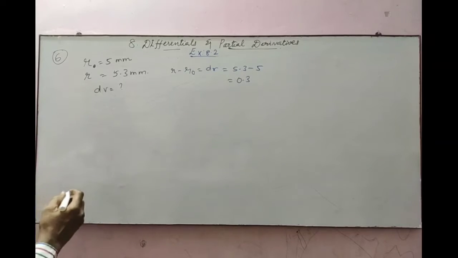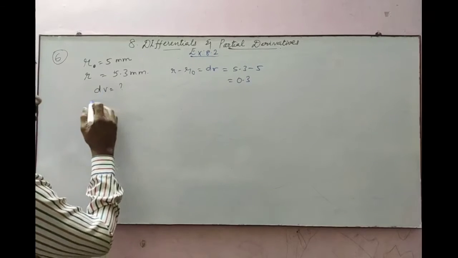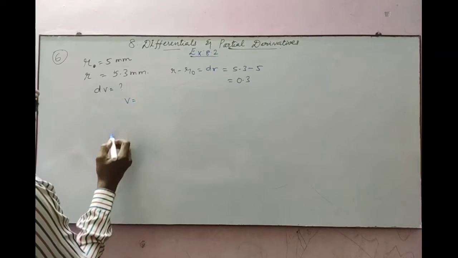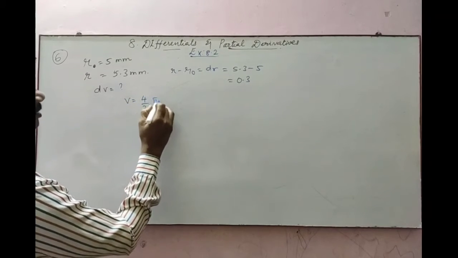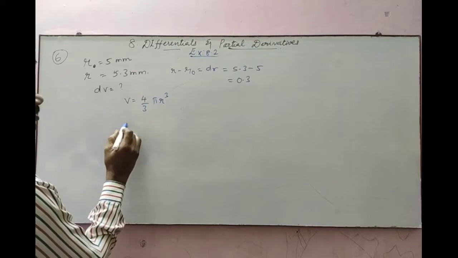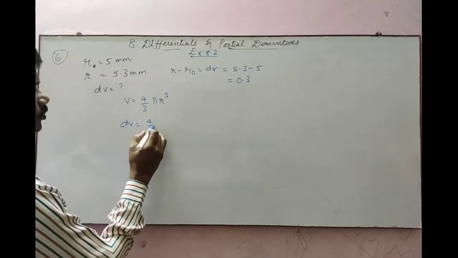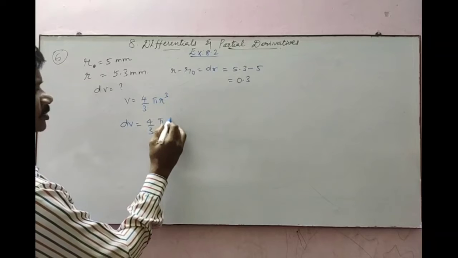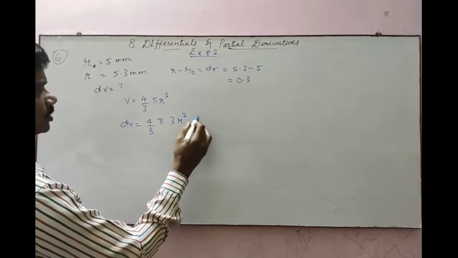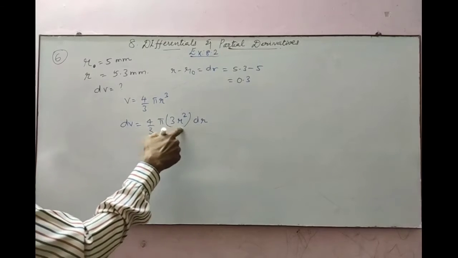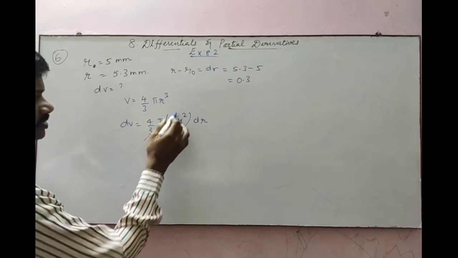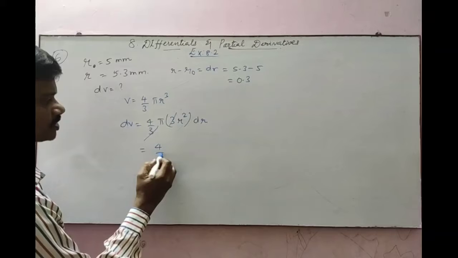They ask you to find the volume of the shell approximately, so that is dv. Here the formula for the volume of the sphere is 4 by 3 pi r cube. If you differentiate this, you will get dv is equal to 4 by 3 pi into 3r square into dr. On differentiation of r cube, you will get 3r square into dr. Here 3 gets cancelled. Now you substitute the values.